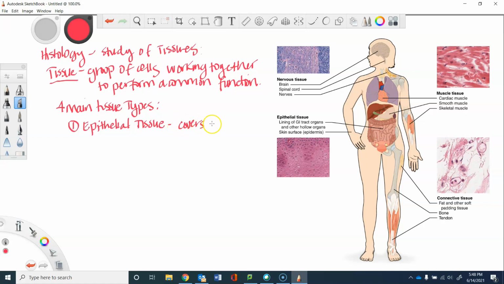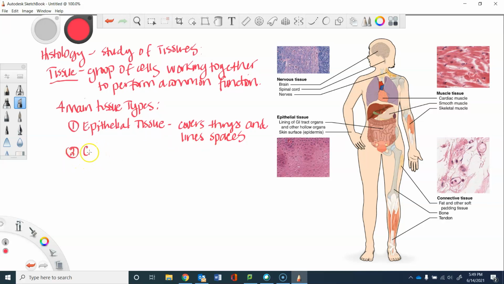So it covers things like organs, and lines spaces. For example, when we talked about serous membranes, those were membranes that covered the organ. Those were visceral serous membranes, and they lined the cavity. So parietal membranes, those coverings are a type of epithelial tissue.